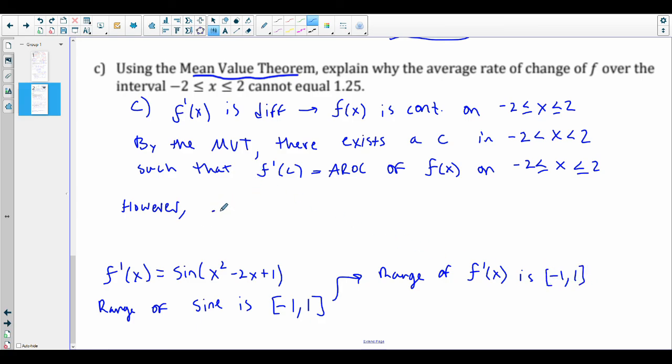So because the derivative f prime stays in between -1 and 1, that tells us there's no way the average rate of change could be equal to 1.25, because the derivative has to stay in between -1 and 1. Therefore, the average rate of change cannot be equal to 1.25.